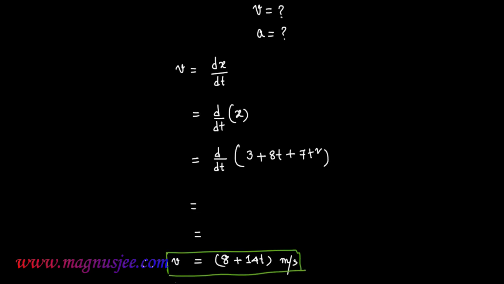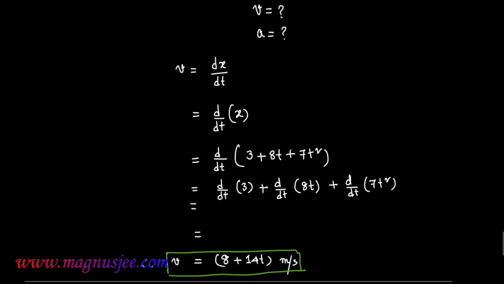In what way it will come? That is d/dt of 3 plus d/dt of 8t plus d/dt of 7t square. In detail, so directly we can write 8 plus 14t.